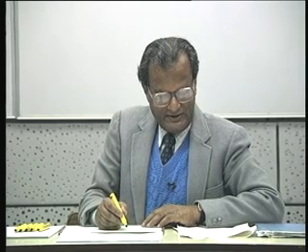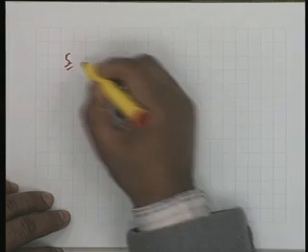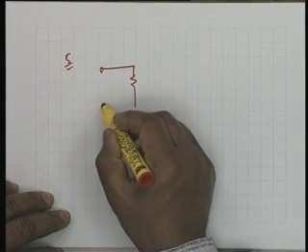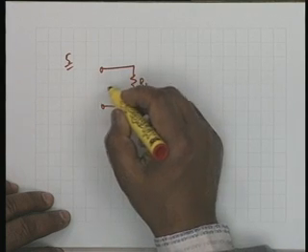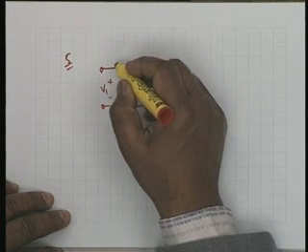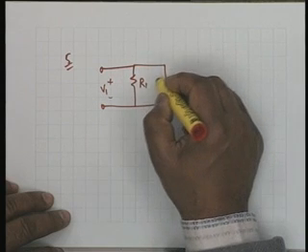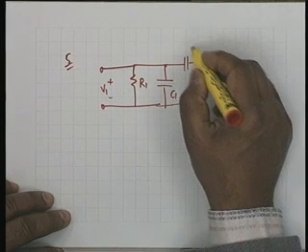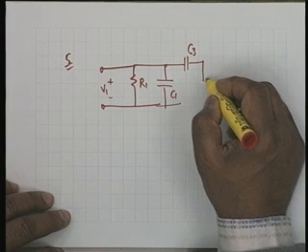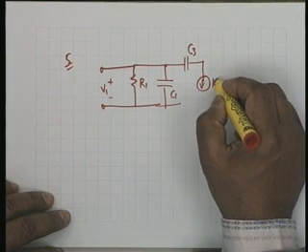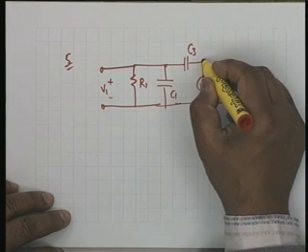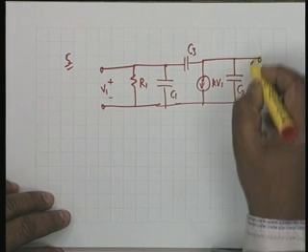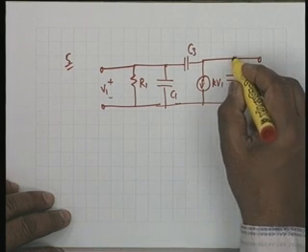Determine the y parameters of the network. Question number 5 is determine the y parameters of this network. The network is this: R1, V1, and then you have a C1, C3, a control source KV1, and a capacitor C2.